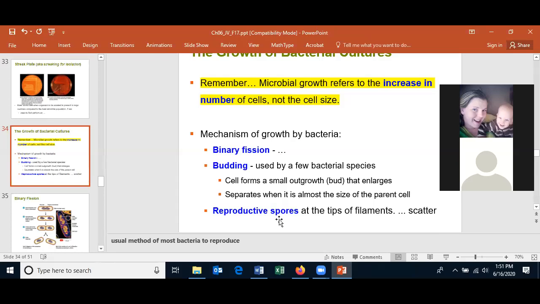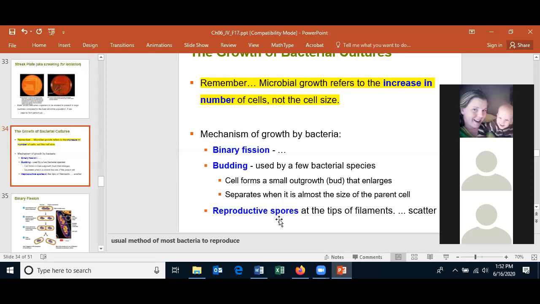There's also growth where some microorganisms can grow by budding. There are a few bacterial species that can grow by budding. It's the way yeast tend to grow, and that is the parent cell puts an outgrowth, which we call a bud, and that bud enlarges, and then the parent cell divides its DNA, and one portion of the DNA moves into the bud, and then the bud grows larger and then larger, and finally the bud will be about the size as the parent cell, about the same size, and then it separates from the parent cell.